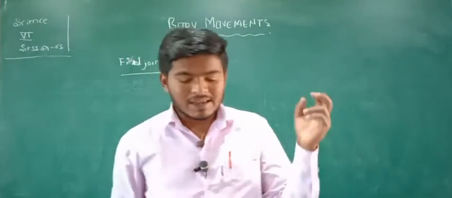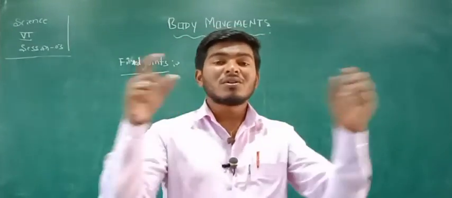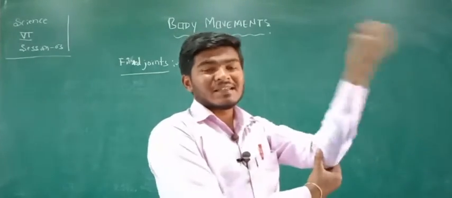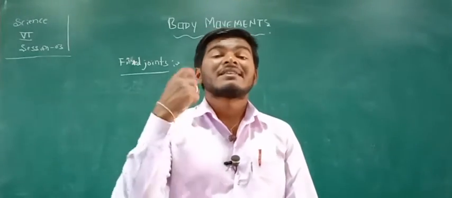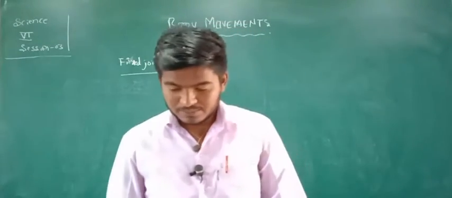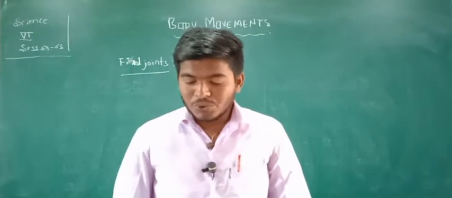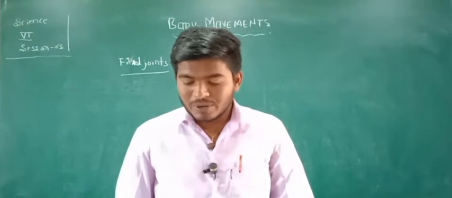Because in the case of the pivotal joint and the hinge joint, the bones are going to move. But in the fixed joints, the bones are not going to move. When you open your mouth wide, you can move your lower jaw away from your head, isn't it? Try to move your upper jaw.